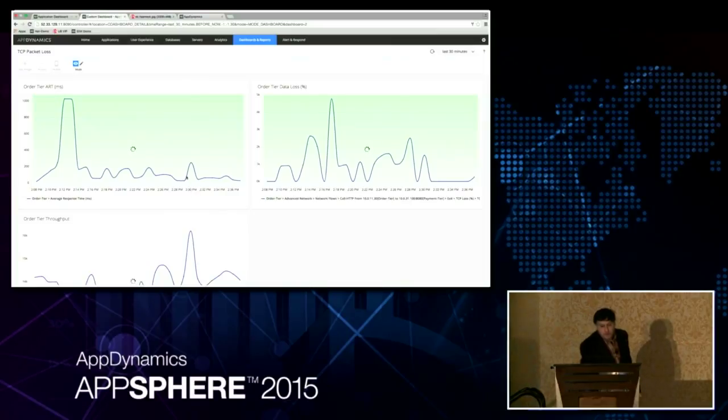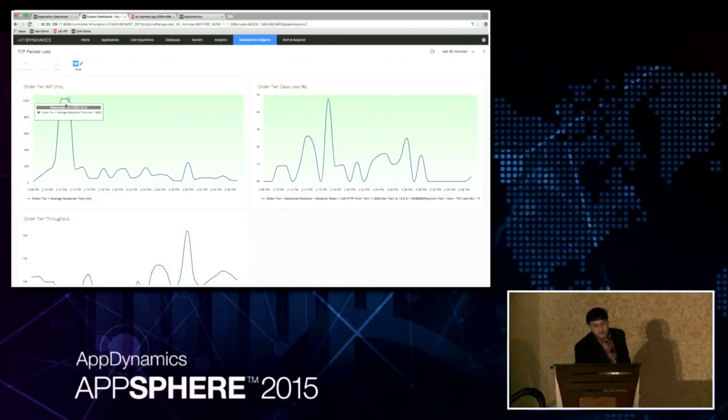You can ignore this part where we were starting up the application and had some issues, but right here the ART really spiked when we introduced loss.